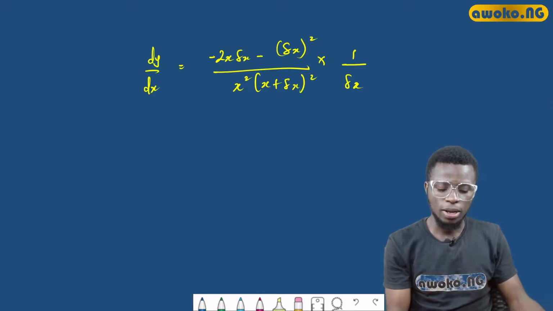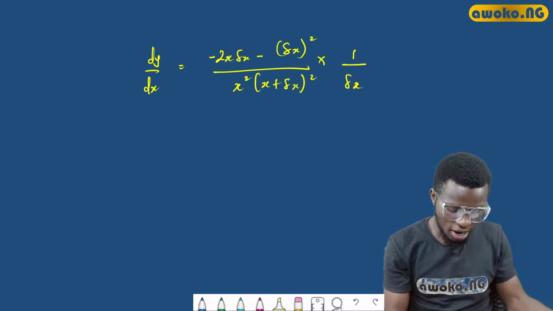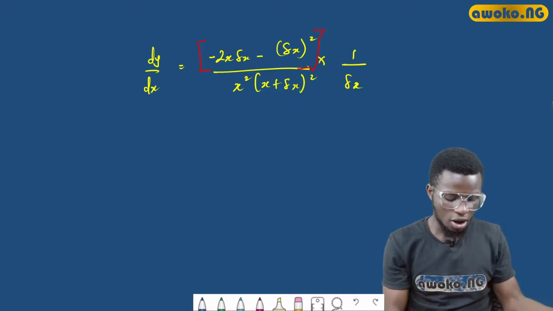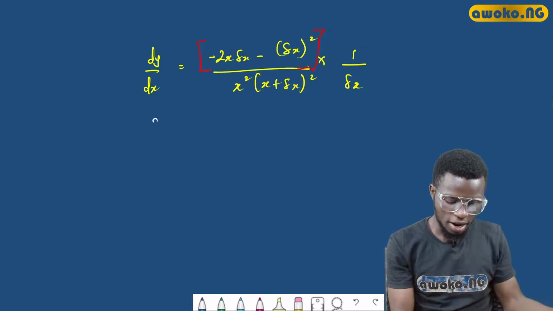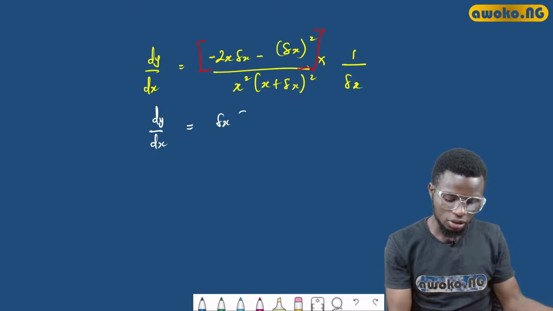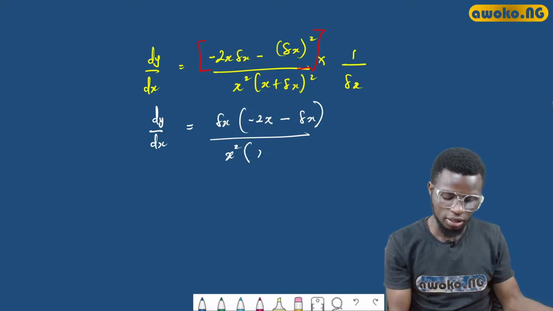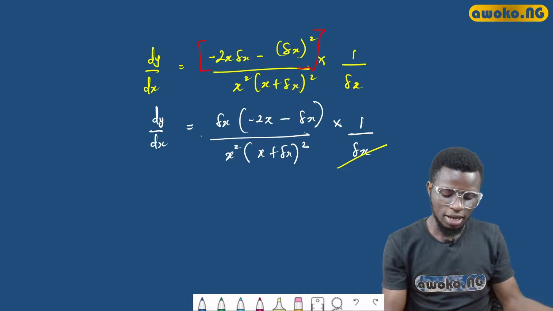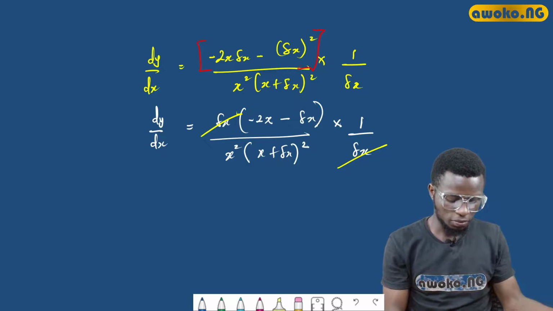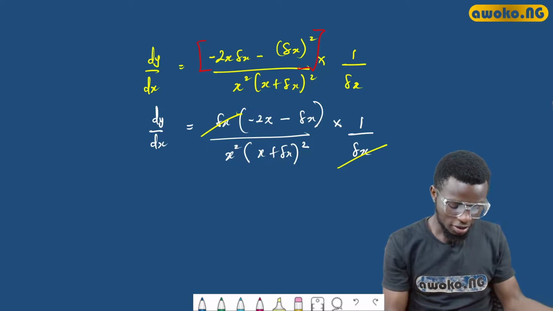And if I decide to factorize this term over here, I would have that dy over dx is equal to dx into minus 2x minus dx, all over x² into (x plus dx)², times 1 over dx. Of course, the dx can cancel out, and I'll be left with this.